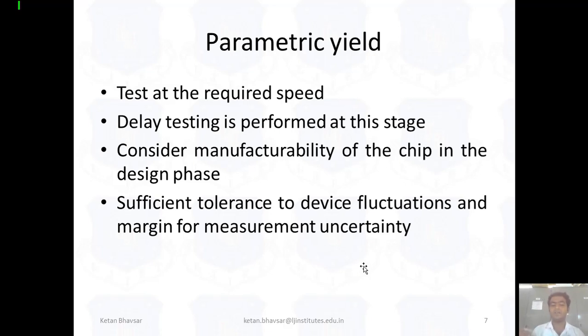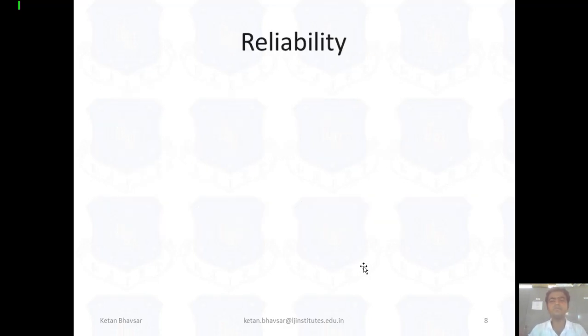We have to check the fluctuation margin going on in the circuit, and also the uncertainty, meaning it is sometimes not working in the proper manner because of some issues. Maybe the ground is not connected properly, maybe your program is not working properly, maybe it is a connection issue. So we have to check this type of faults in parametric yield.